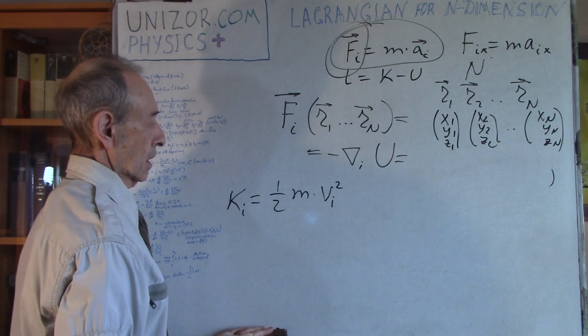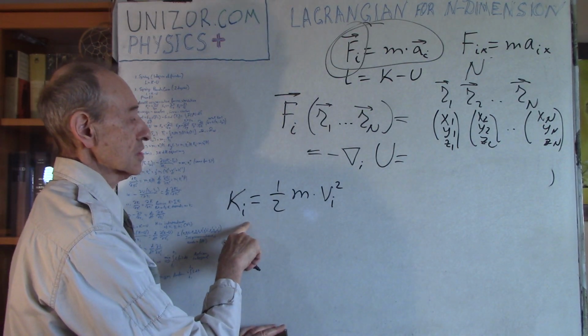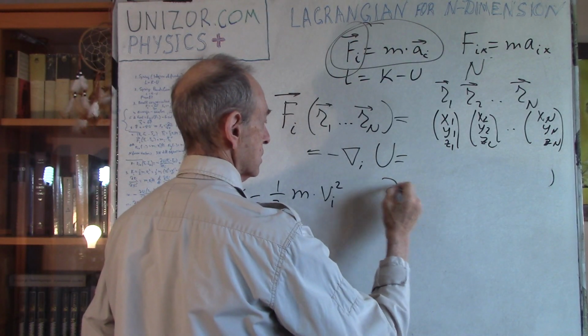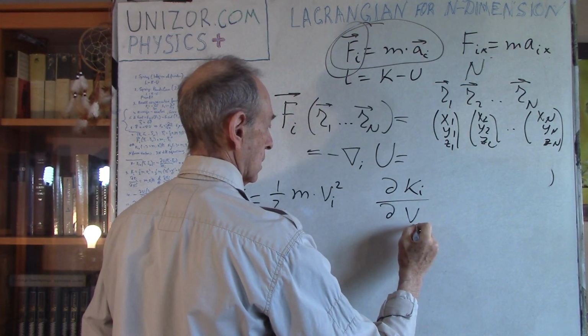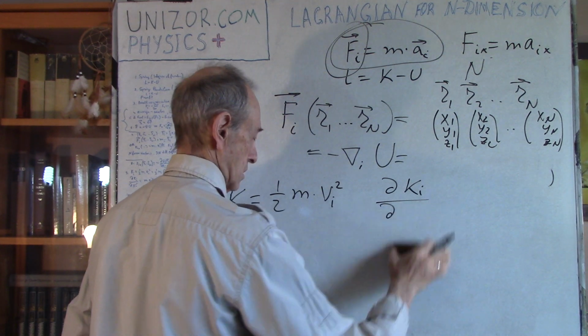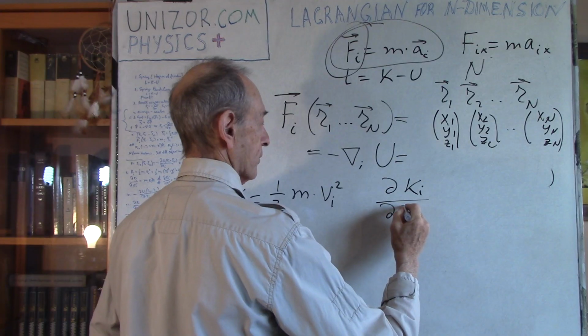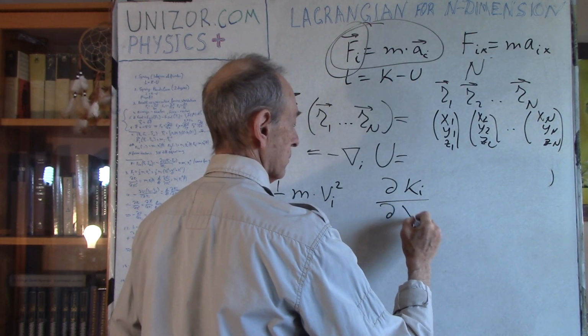Now, what's very easy to do is to partially differentiate it by v_i. So dK_i by dv_i. Well, speed is a vector, but I can actually do it by coordinate.